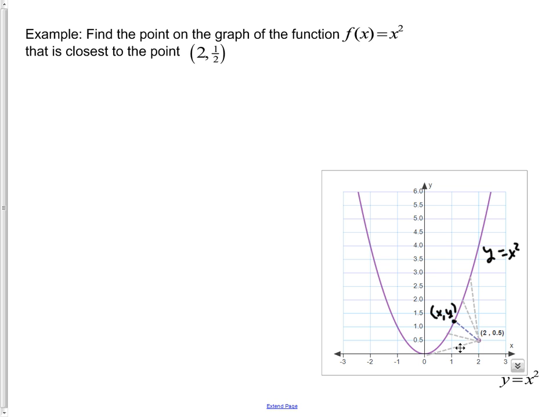Well, what we need is a distance formula. The distance formula might tell us that if I have this distance r from the point (x, y) to the point (2, 0.5), what would that distance be?